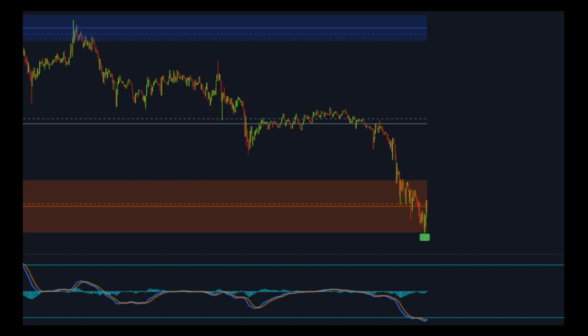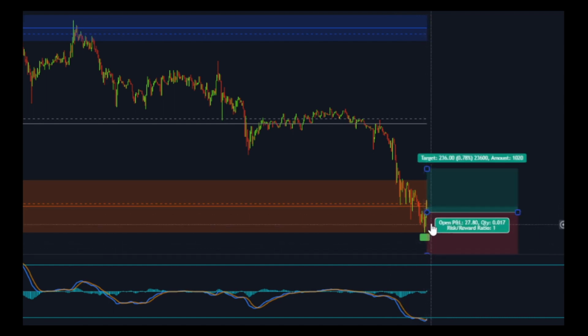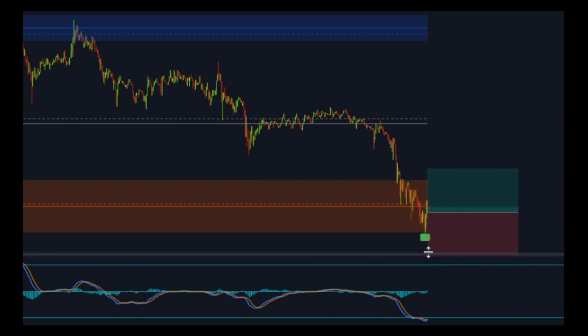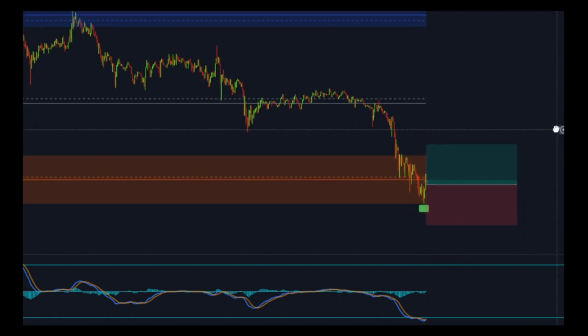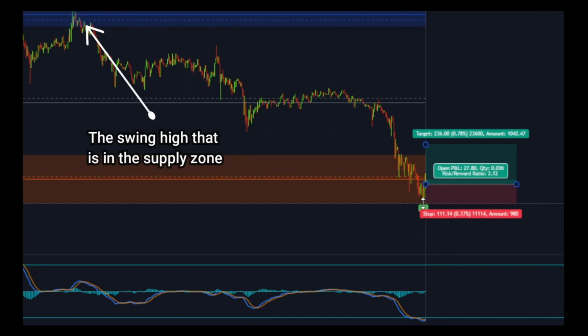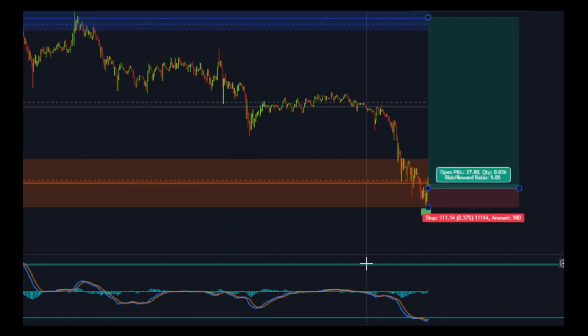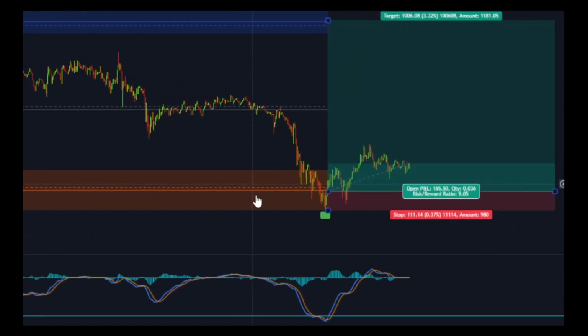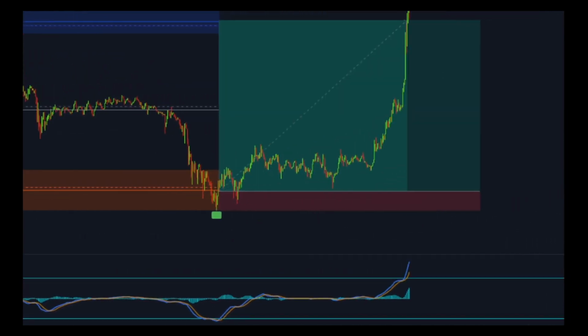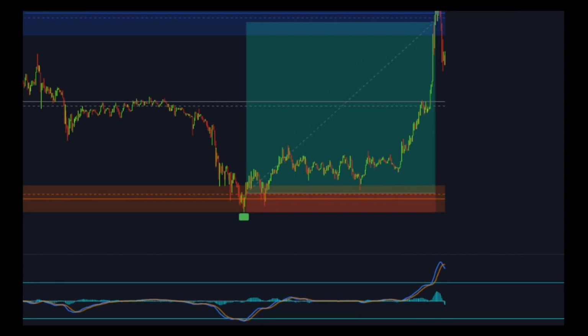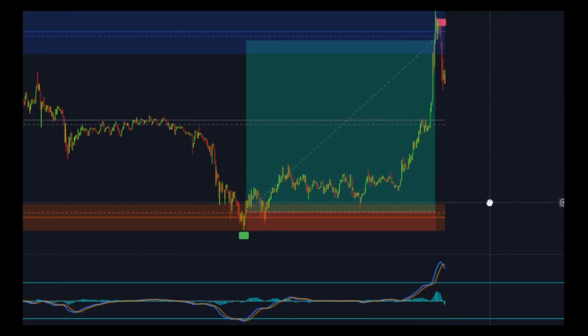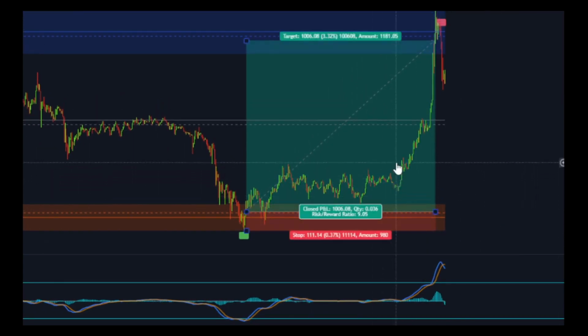So we take a long trade. We set our stop loss at the closest swing low. And we are going to place our take profit at swing high, which is in the supply zone. We see that it was a winning trade, and with an incredible risk-reward ratio.